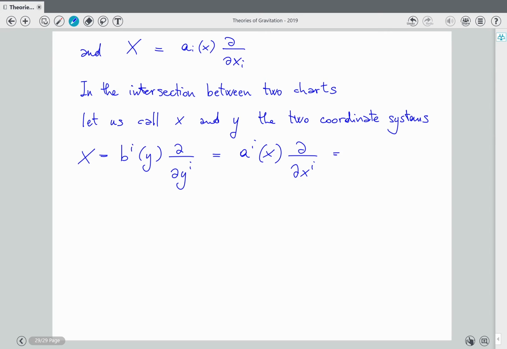And it is obvious that when you make the change of coordinates, that is to say, you write y as a function of x, you can use the Leibniz rule, and d over dyi can be written as d over dxj times dxj over dyi, which means that you have the following transformation rule.